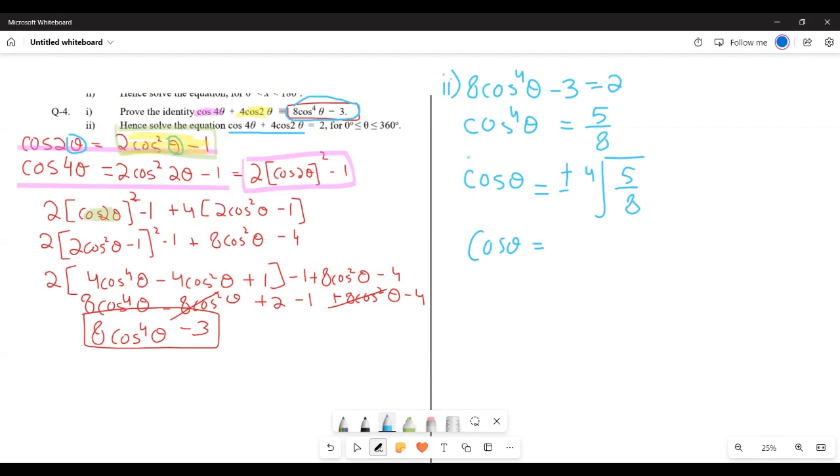That is 0.8891, plus minus 0.8891. So I'm going to find alpha first. For alpha, we ignore the sign and take cos inverse 0.8891. We're in degrees. Cos inverse answer is 27.23.